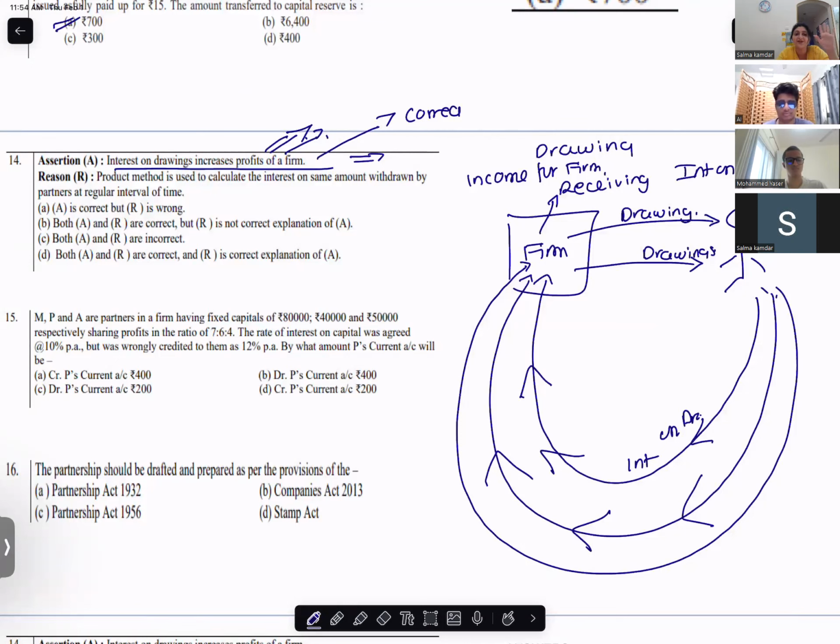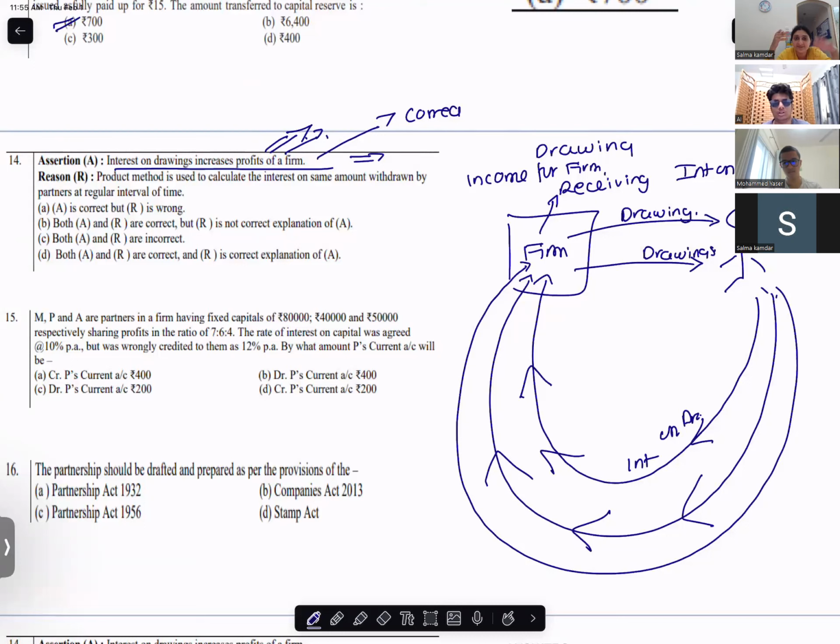But to calculate interest on drawings, we multiply the amount per quarter, whether he's withdrawing annually, semi-annually, in 15 days, whatever. We multiply it with when he withdraws. But is there any method, product method, or super profit method to calculate interest on drawing? No. Product method is a method to calculate what?